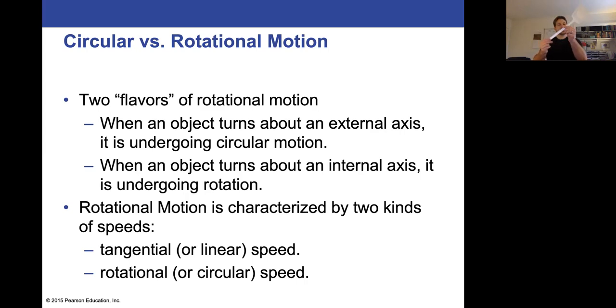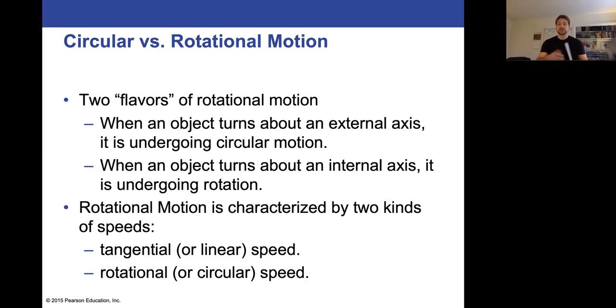That motion, if we rotate around this point here where I'm holding it, if we rotate around that point, keep that point fixed, I'll say that that's internal, because it's an axis that passes through the material of the object.